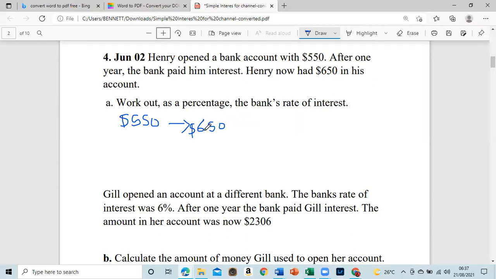So basically, he gained $100, $650 minus $550. So that's $100 over 550, as we want to find out the percentage this time, times 100%.